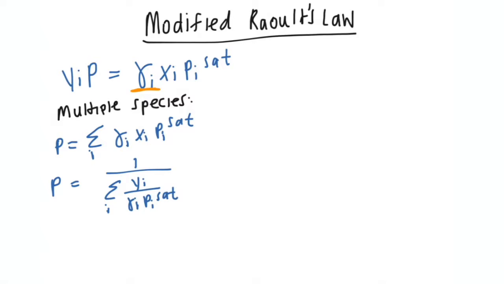So again, just underneath, I'm talking about multiple species, which is usually going to be a binary mixture, but it can be more for this class. So my first pressure up here is going to be for bubble pressure. And my second pressure down here is for dew pressure.